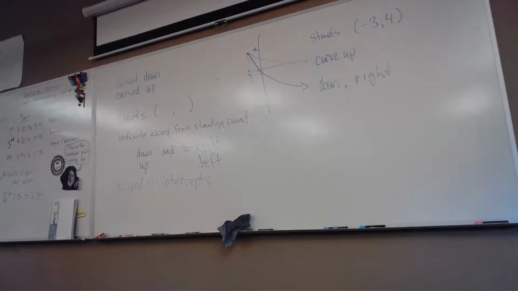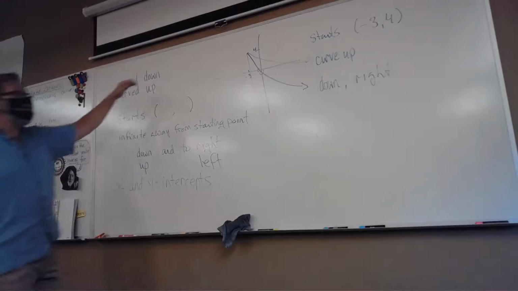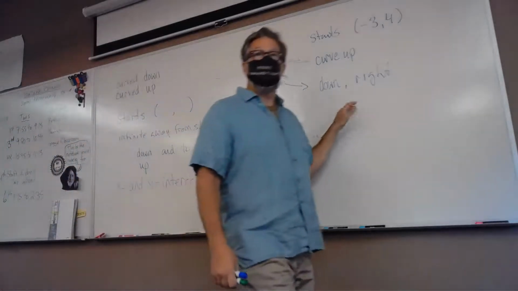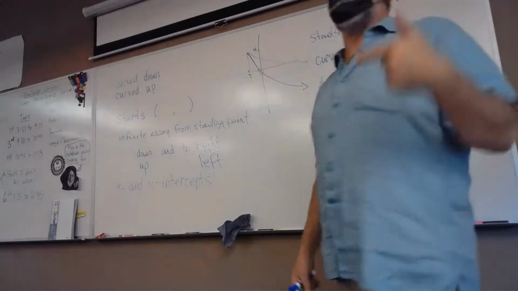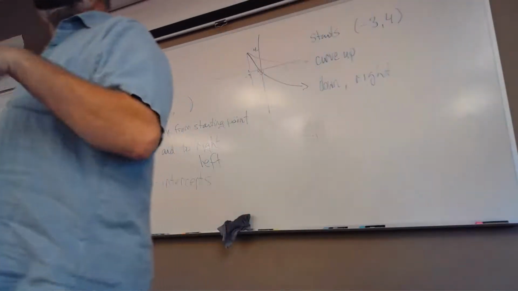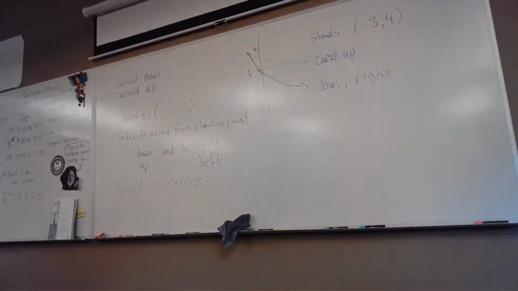Now, your graph may not have X and Y intercepts. Gio mentioned that his graph started in the positive and then ended in the negative, which means he has to have at least one intercept. He has to cross the x-axis. Maybe he crosses the y, maybe he doesn't. We don't know.